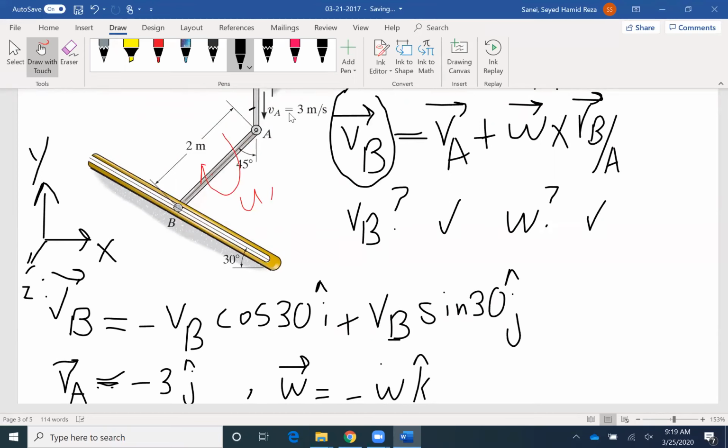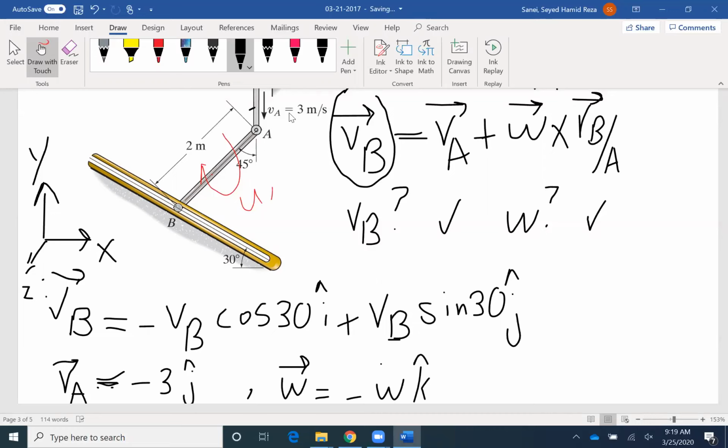So here, if you're using your right hand and you're turning your four fingers in the direction of rotation, you would see that your thumb would indicate a direction inside the page, which means negative z. That's why clockwise is negative and counterclockwise is the opposite. And you have to remember, we are using a right hand rule, so you have to use your right hand.